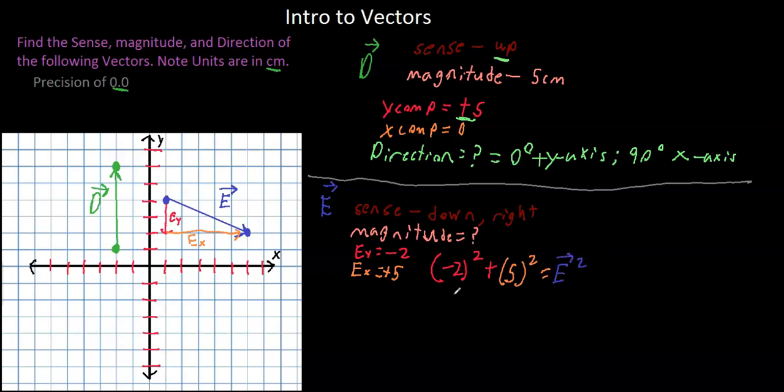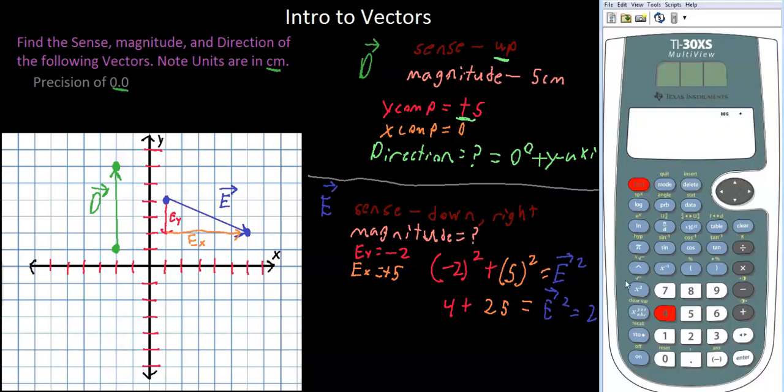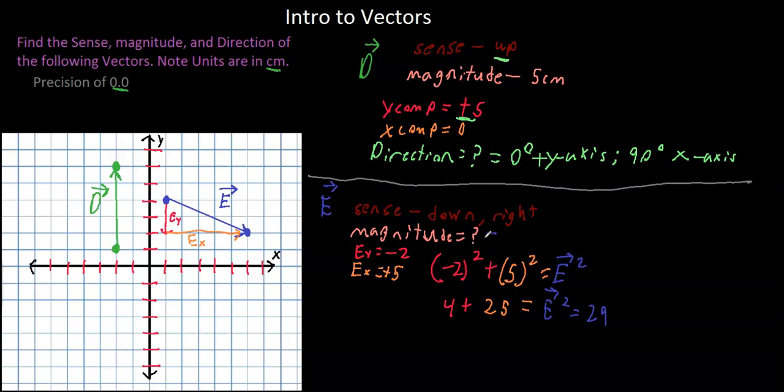Negative 2 times negative 2 is positive 4, and we add that to 5 squared, which is 25. So E squared equals 4 plus 25, which is 29. To find our magnitude, we take the square root of 29. We hit this button to turn it into our regular number, and round to the nearest one decimal place. So the magnitude is 5.4.